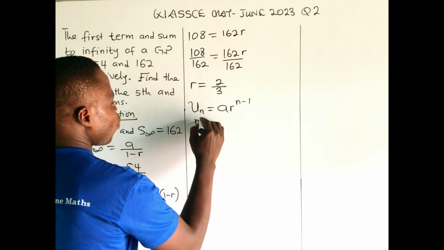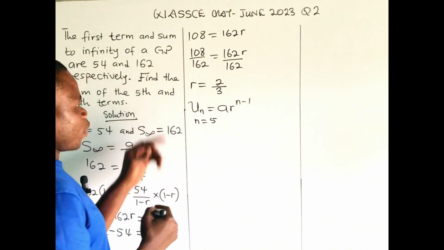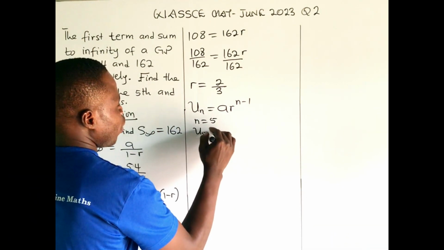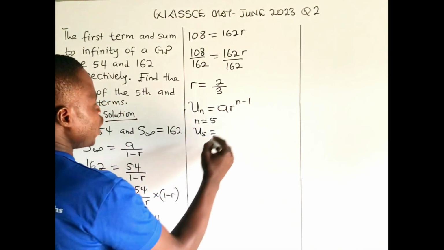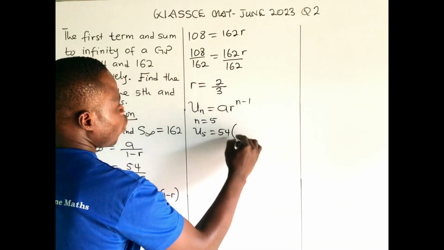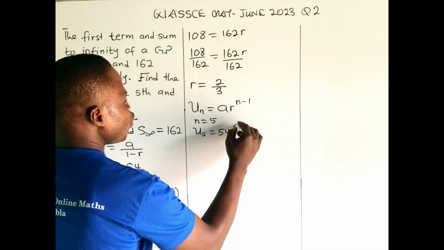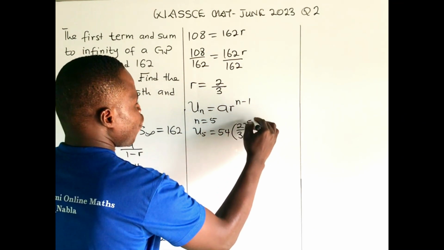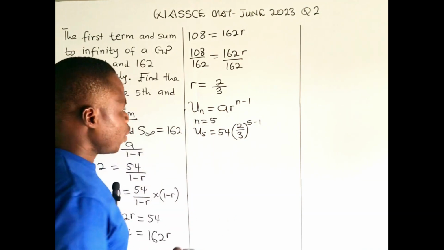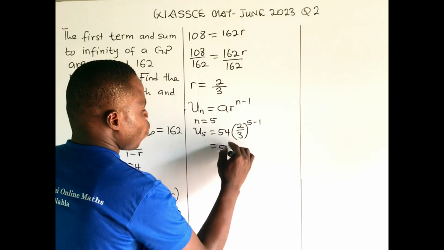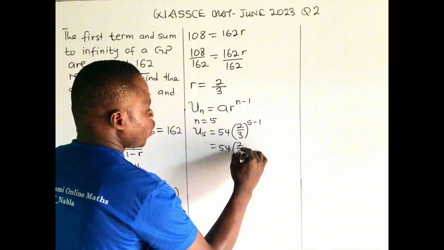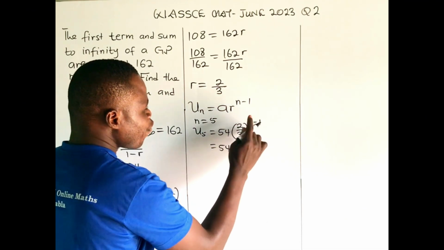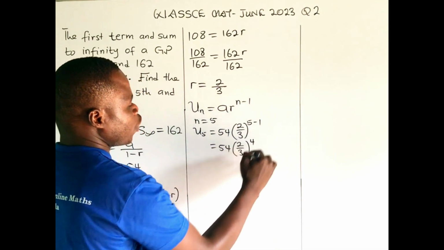So when n is equal to 5, that is the fifth term, then u5 is equal to a, but we know that a is 54, multiplied by the common ratio 2 over 3 to the power 5 minus 1, because n is 5. So this will give me 54 into 2 over 3 to the power 5 minus 1, which is 4.